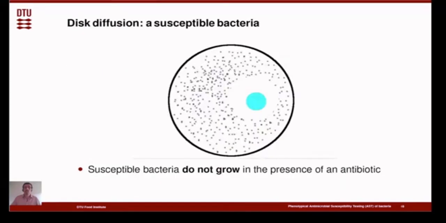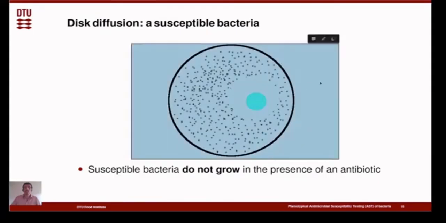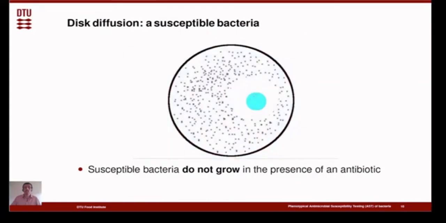An in vitro disc diffusion of a susceptible isolate looks more or less like this, where we have an amount of bacteria here. But what you can see is that not all the bacteria can grow. This is because we have an antibiotic here, a paper disc impregnated with a certain antibiotic, which prevents the bacteria from growing.